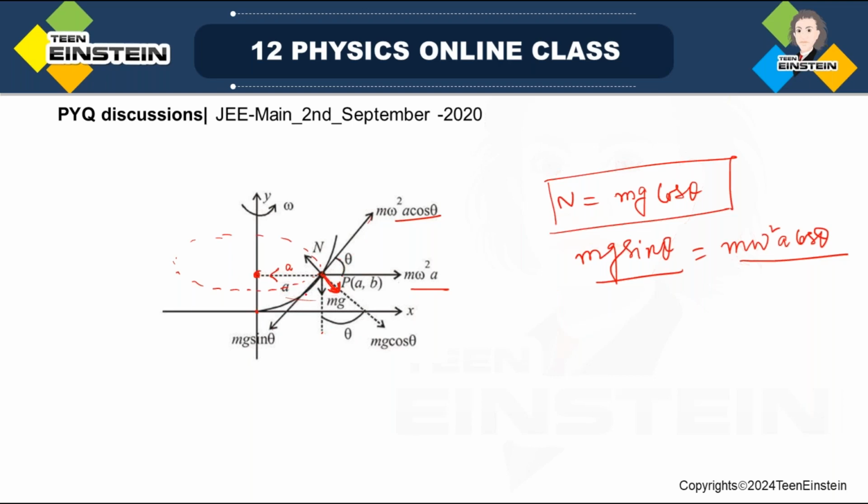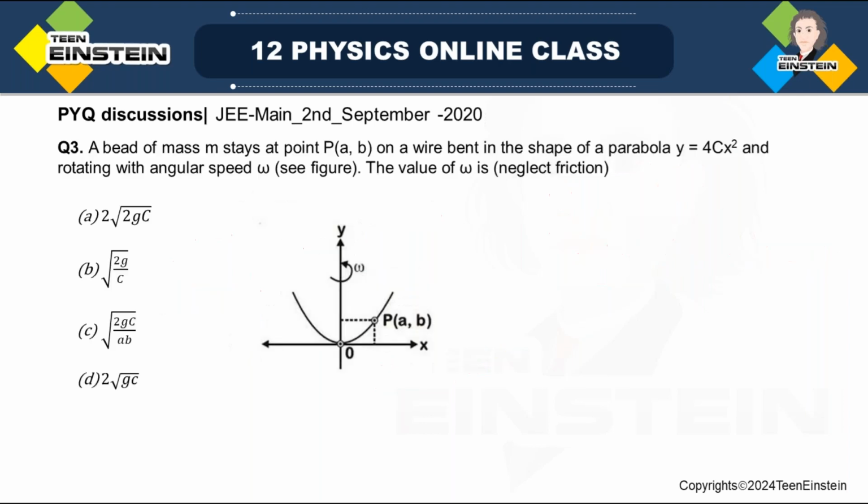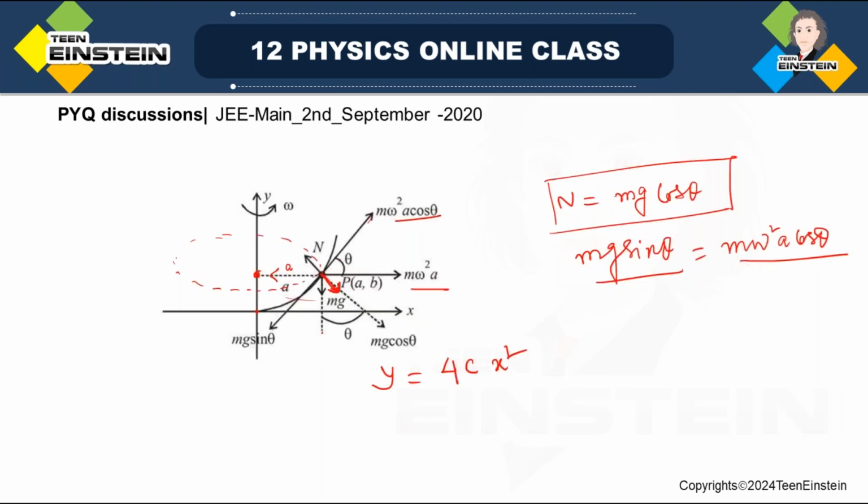Now the equation is given as y = 4c x². Let me find the tangent, dy/dx, which is 8cx.